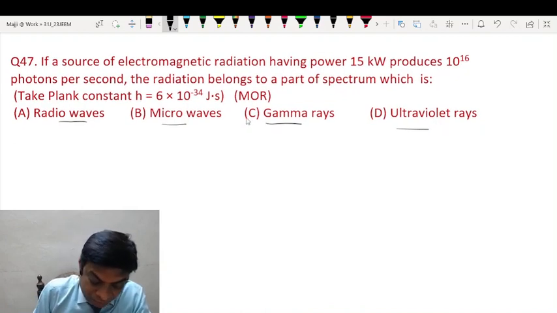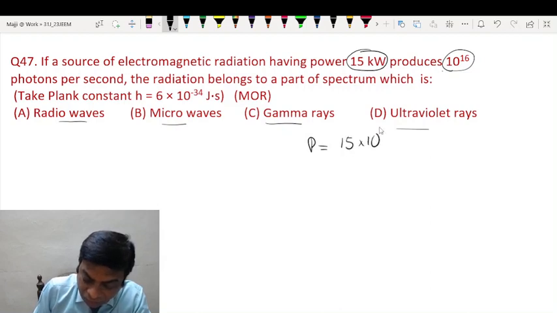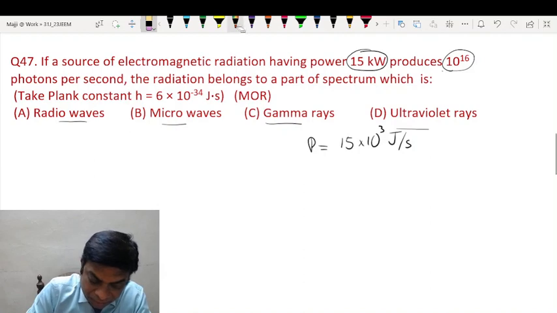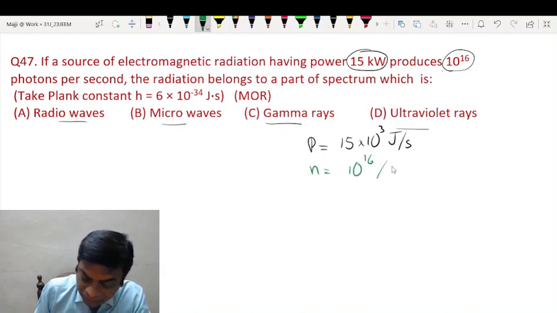Now you see, the power of radiation is this much, and each second this many photons are released. So you can see the power is 15 kilowatt. Watt means joule per second, and number of photons coming out per second is 10 to the power 16.